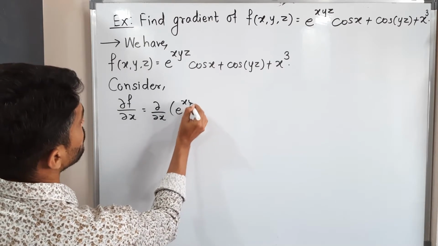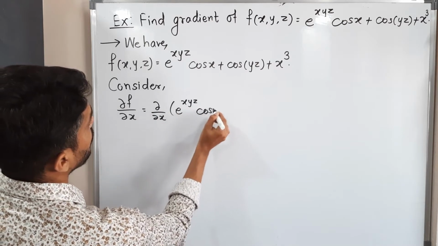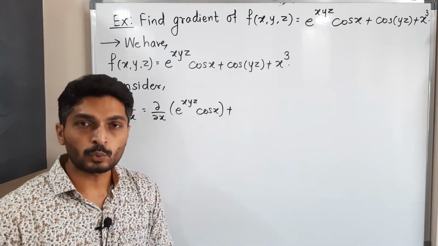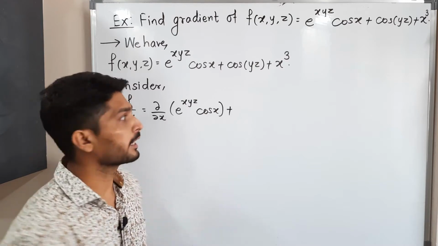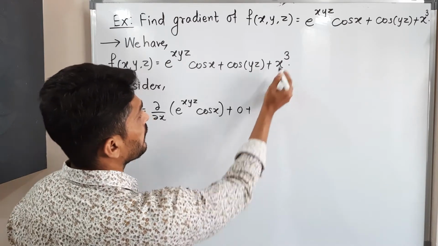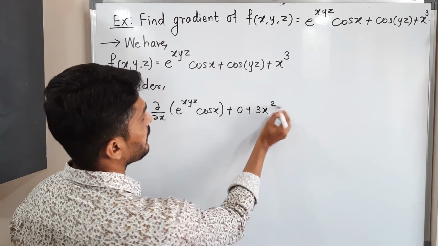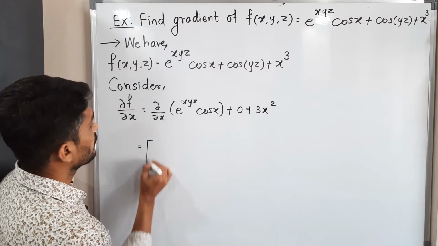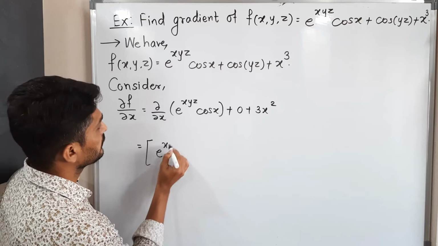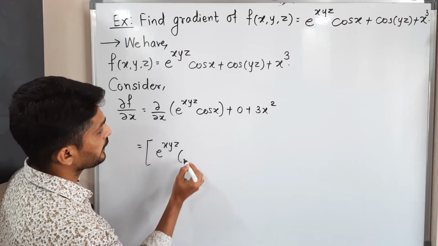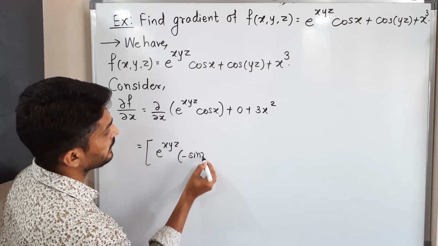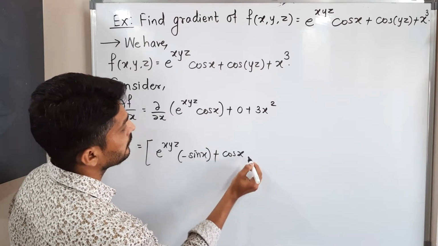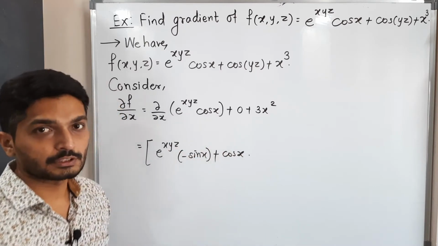e raised to xyz cos x plus, for the second function, there is no x, so it's a constant and the derivative of a constant is 0. x cube, its derivative is 3x square. Let us use the u into v formula. The formula says first into derivative of second, derivative of cos x is minus sin x, plus second into derivative of first.